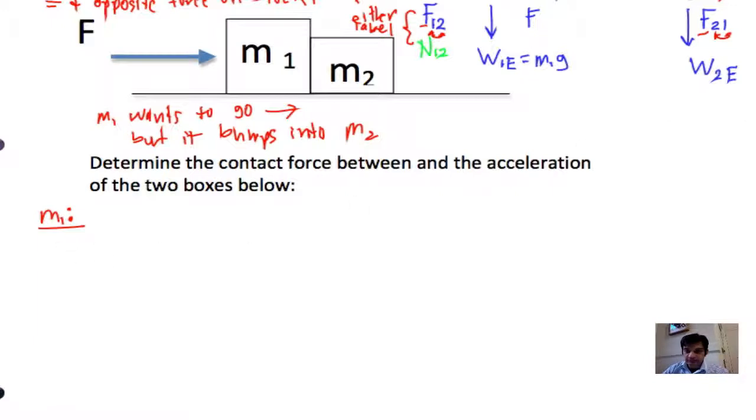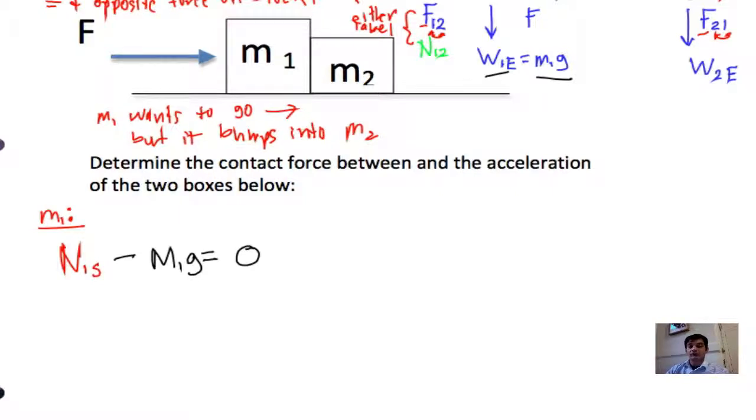So the normal force on 1 due to the surface is opposed by the weight on 1 due to the Earth. So I'm going to write that as m1g. And those two have a tug of war, and nobody wins that tug of war.